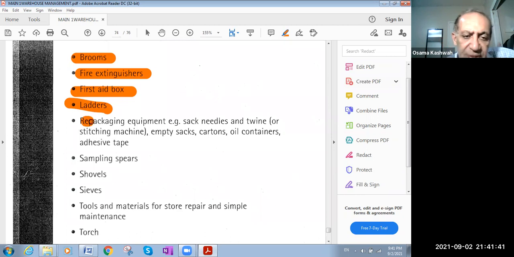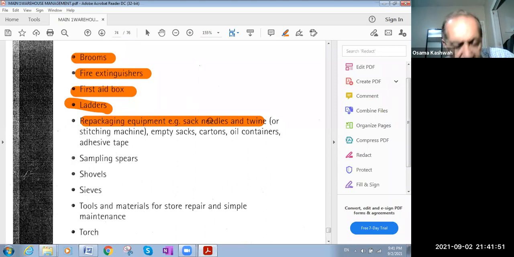Repackaging equipment also. And we have to have stack needles so that we can stitch the cracks in the stacks, which are splitting and spilling the food, or so empty sacks also. We should prepare empty sacks.